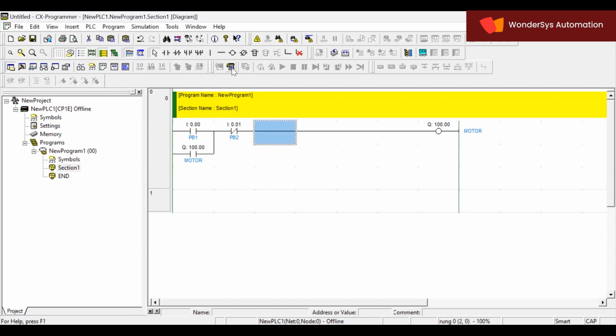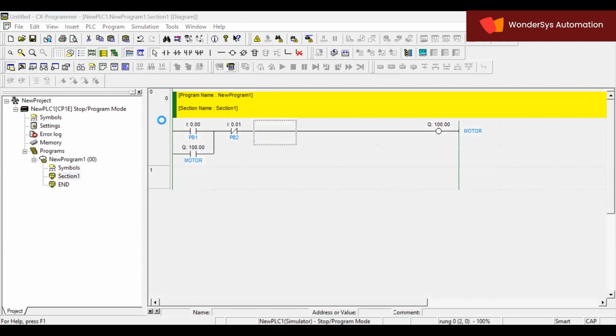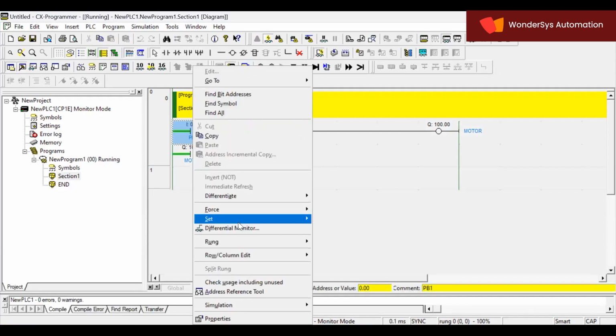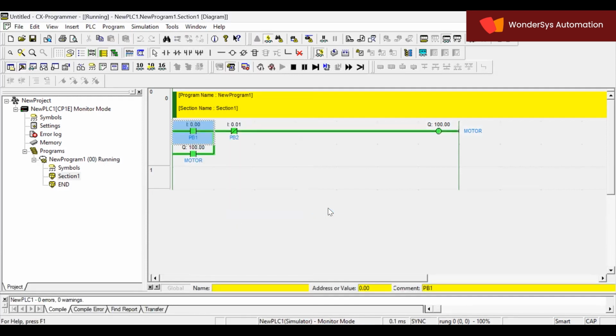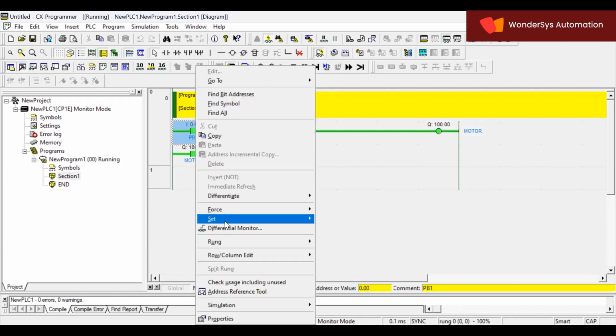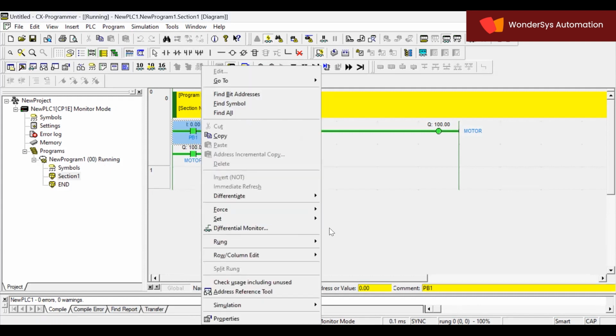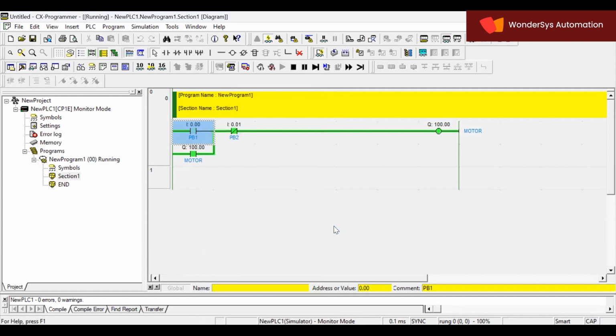Okay, let's simulate this one. So now when I make it on, the output is on. Let me switch it off. So even if I switch it off, the output is continuously on.